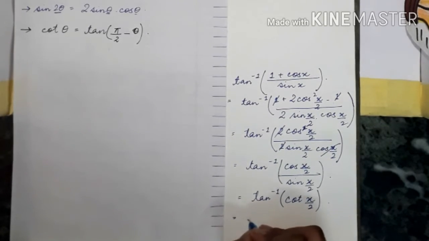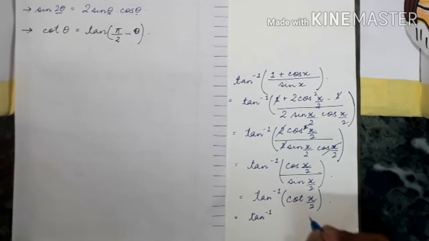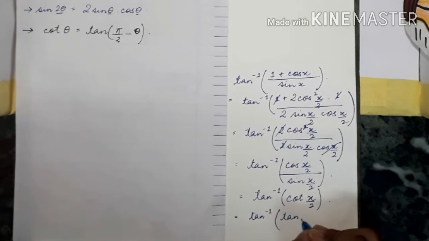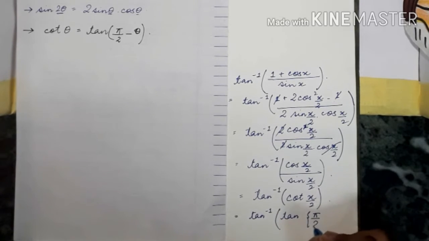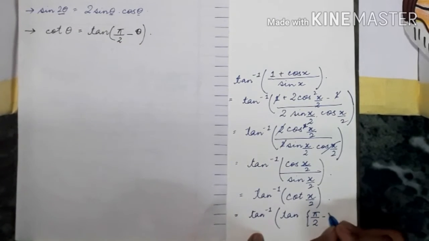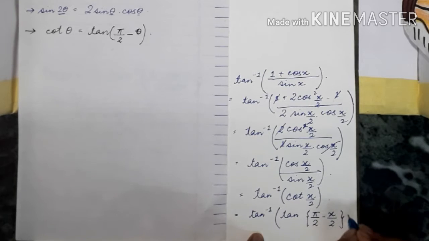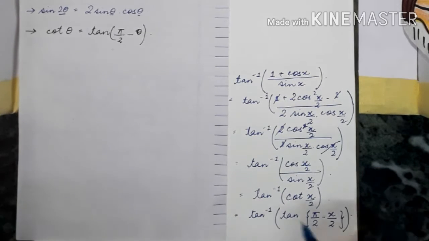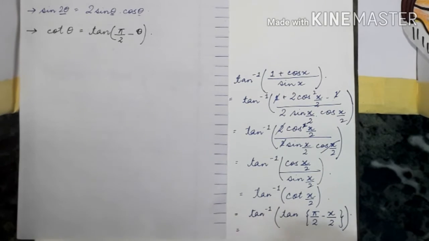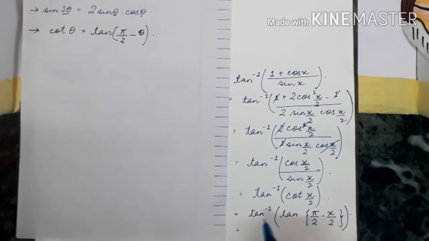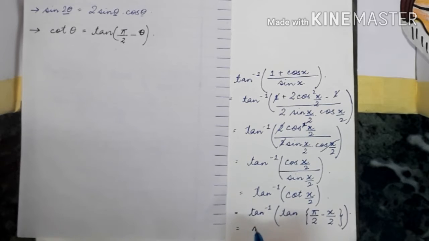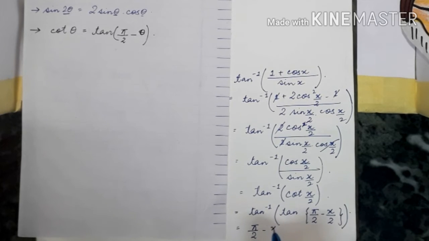So just do this conversion. In place of cot x by 2, write tan pi by 2 minus x by 2. And now again using this property, tan inverse tan theta, this is the entire angle theta, you get theta, just pi by 2 minus x by 2.